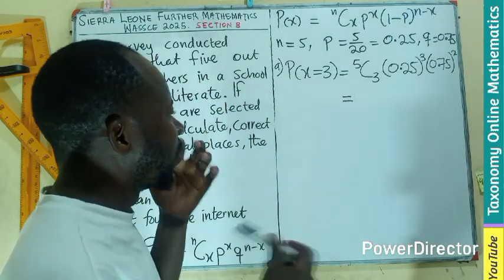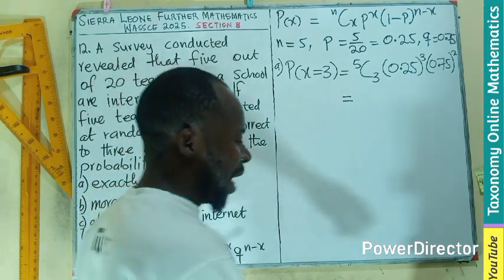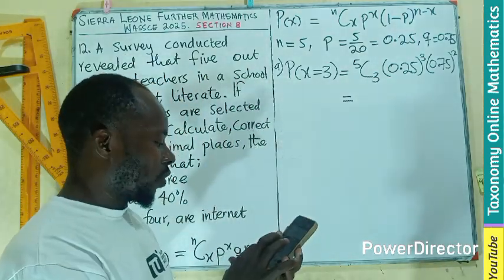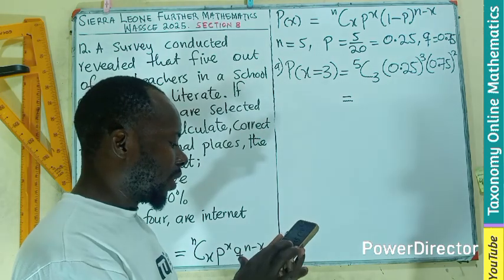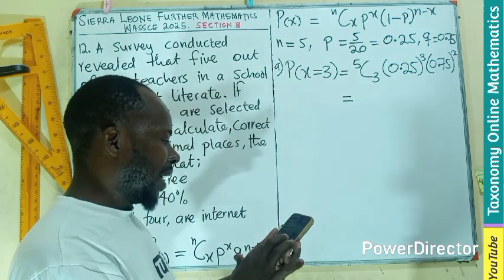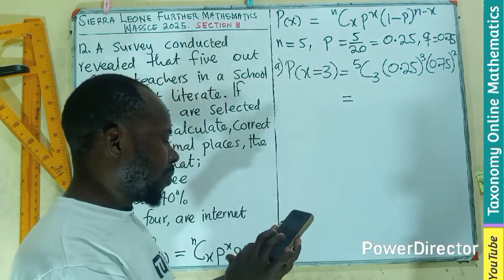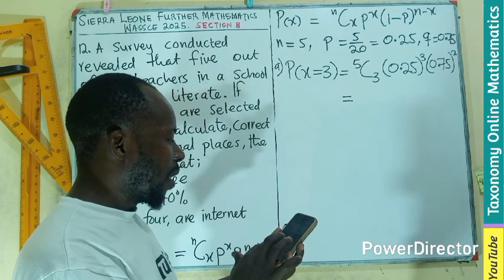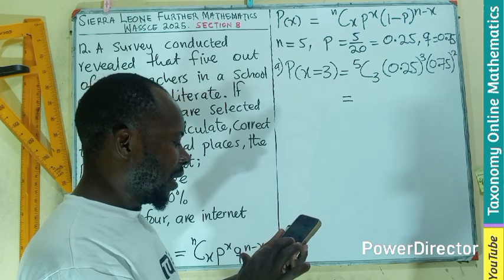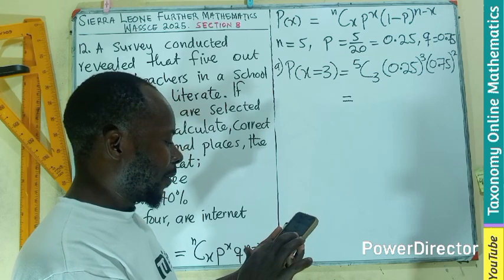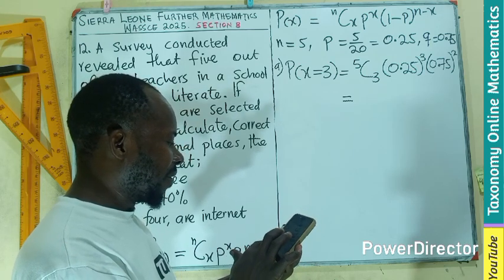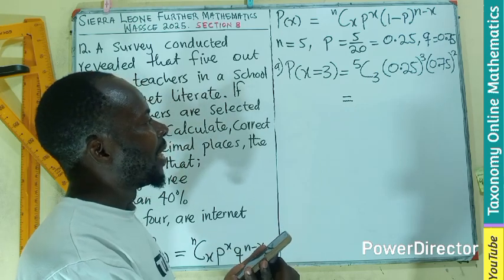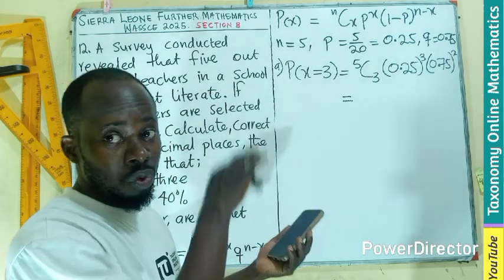We have to find the values individually, so I'll find 5 combination 3, multiply by 0.25 raised to the power 3, and again by 0.75 raised to the power 2.